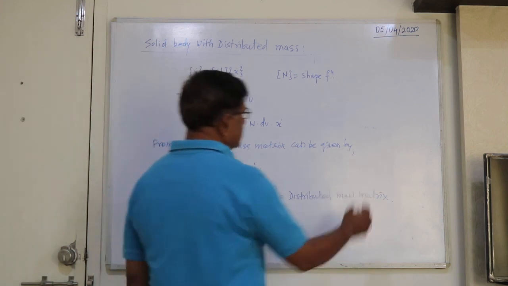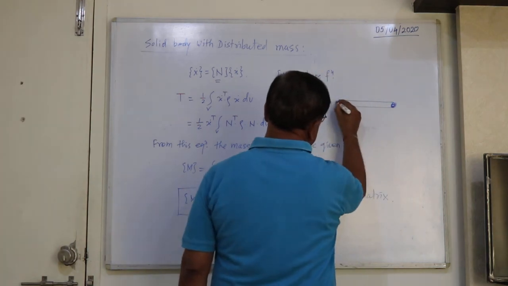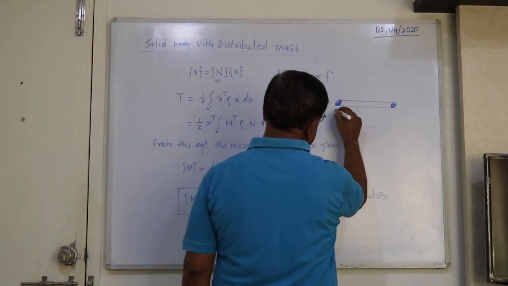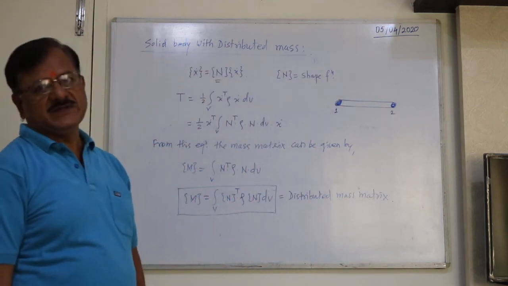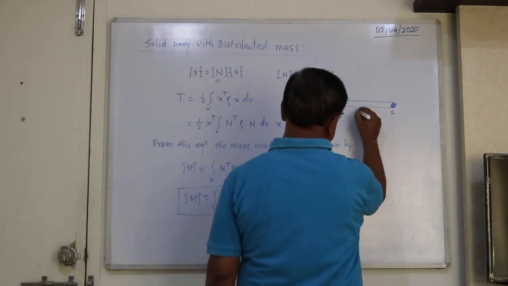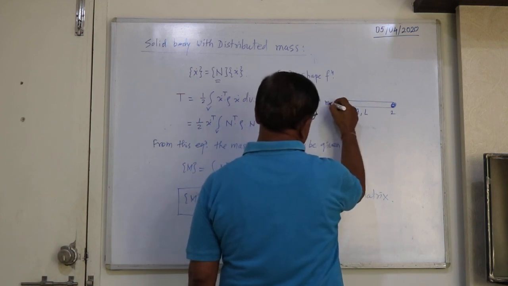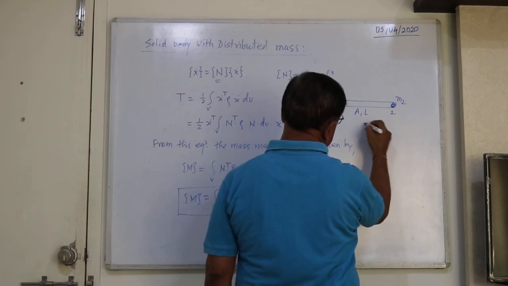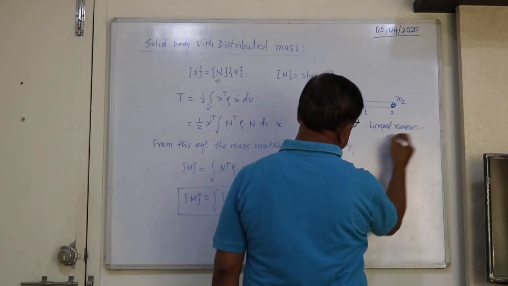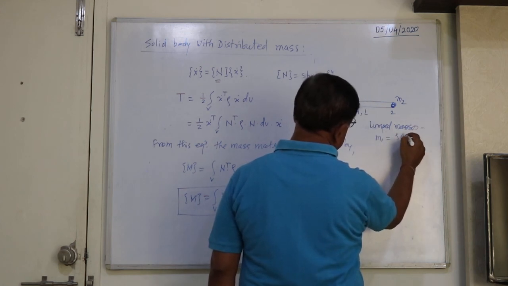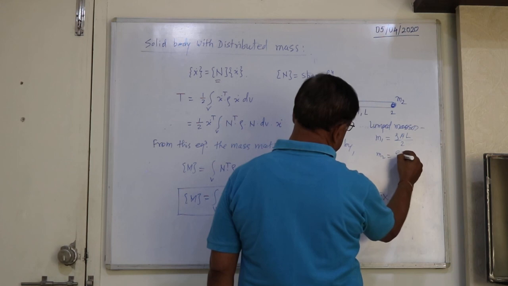And lumped mass matrix means, suppose you have a solid element, say a two noded element, and the total mass, say this is node 1, this is node 2, is lumped equally at both the nodes. Means if it has length L and area A, then with rho, say M1 and M2 for lumped masses, M1 equal to rho A L, the total mass, divided by 2, and M2 is rho A L by 2.